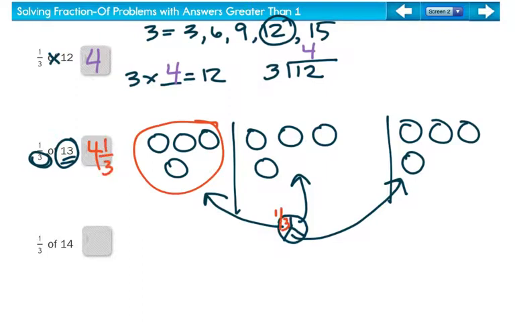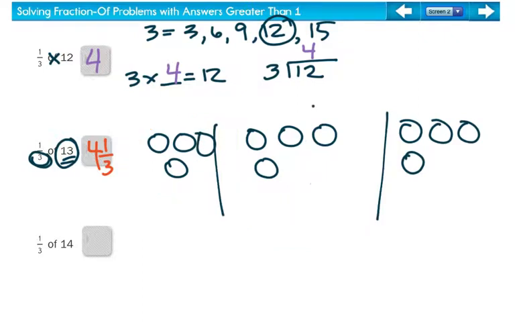Now, if I were going to do 1/3 of 14, here were my 13. Remember, I had to take that 13th one and divide it up. If I have to do it with 14, I would do the same thing because I don't have enough to put 1 in each group because my next multiple would be 15.